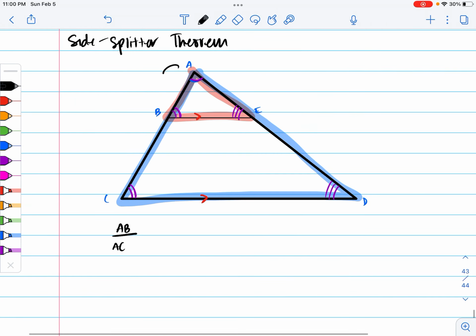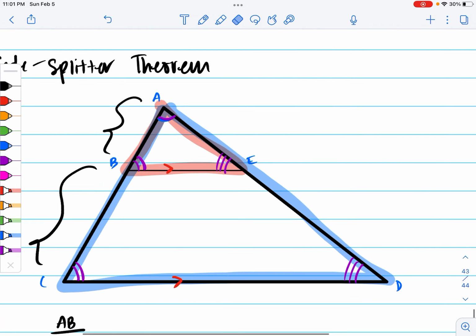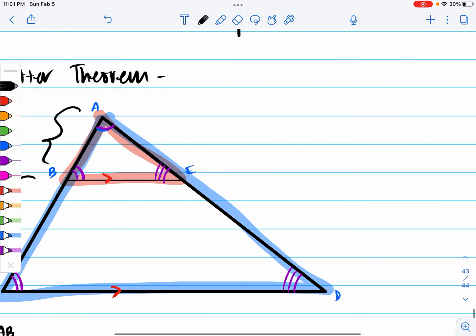Even more so, if you're looking at it strictly from a triangle part, AB will be proportional to AC. But similarly, this is not the side splitter, but we could say the side splitter is AB is proportional to BC. So that's what the side splitter is stating, so let's fill this in.